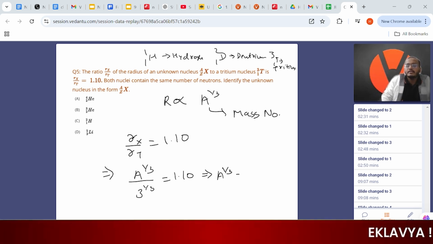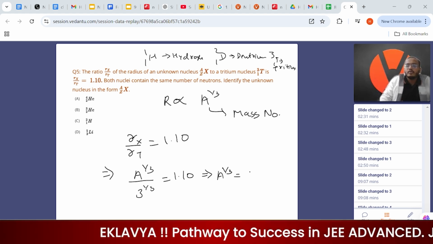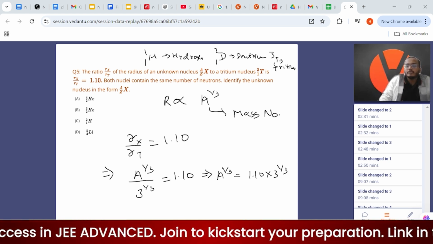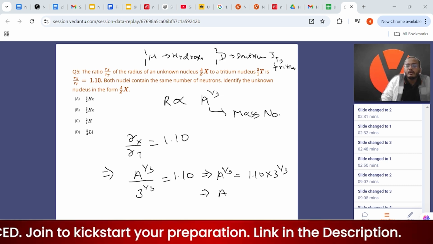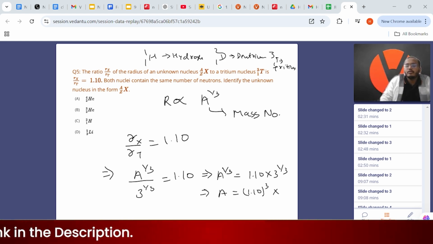Now A raised to the power 1/3 will be equal to 1.10 into 3 raised to the power 1/3. If I take the cube on both sides, A will be equal to 1.10 cubed multiplied by 3.